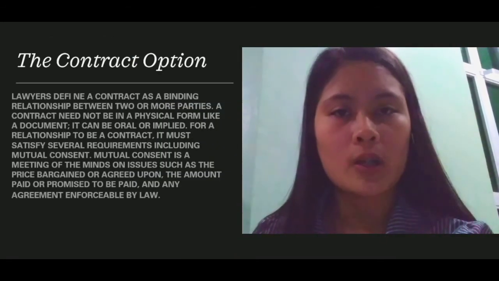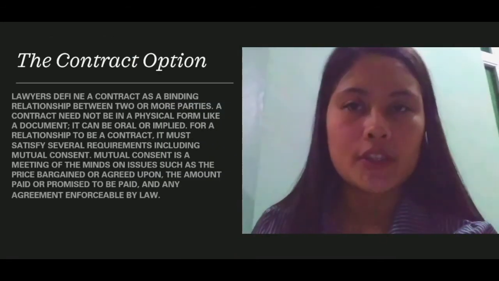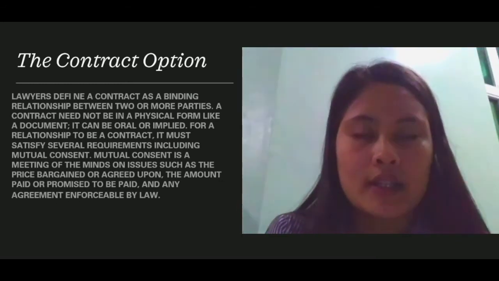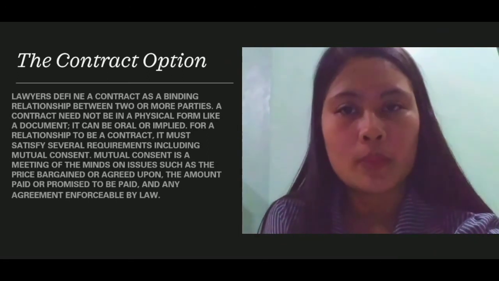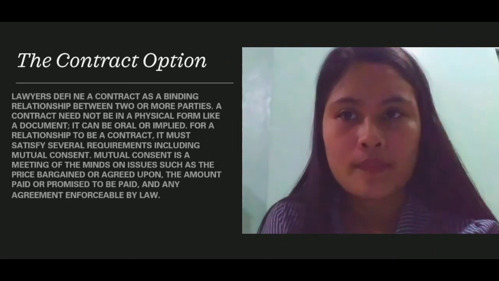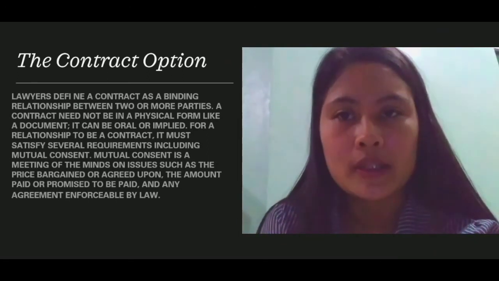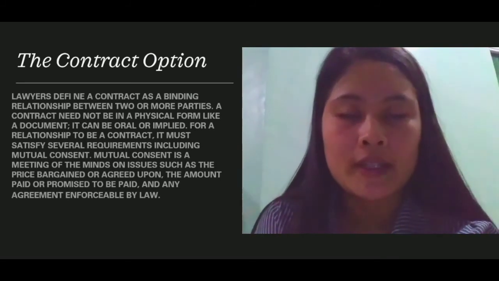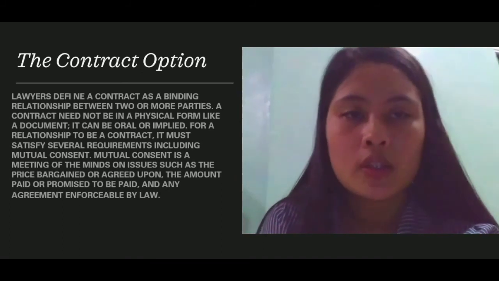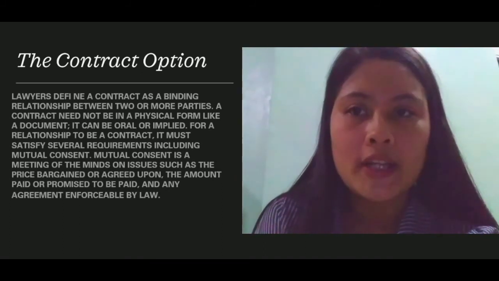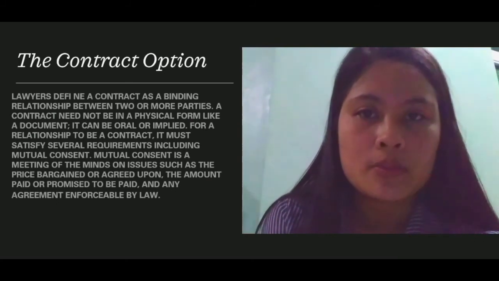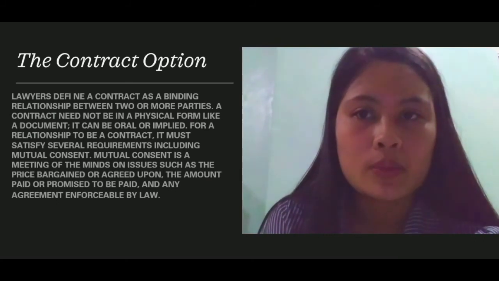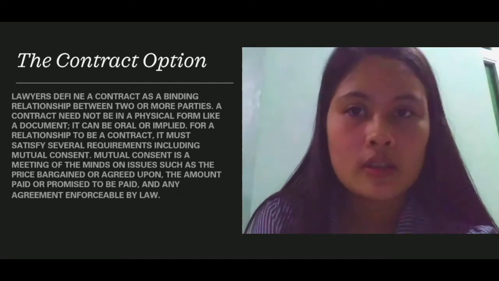The contract option. A lawyer defines a contract as a binding relationship between two or more parties. A contract does not need to be in physical form like a document. It can be oral or implied. For a relationship to be a contract, it must satisfy several requirements, including mutual consent.